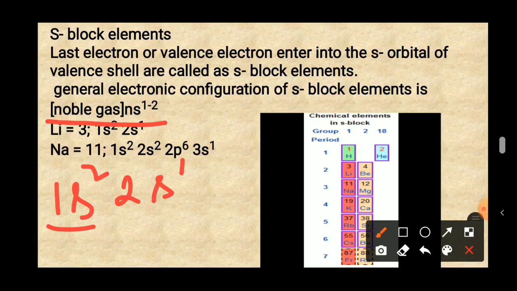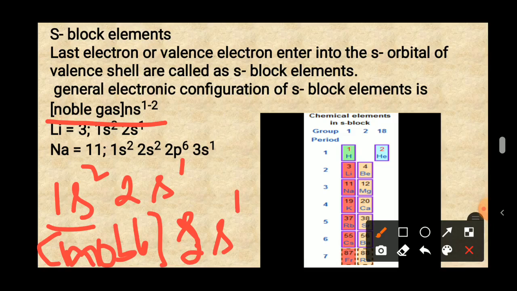Now 1s2 means 2 electrons are present. Helium contains 2 electrons, and helium is a noble gas. So based on that, it is written as noble gas 2s1, or I can write ns1 since it is group number 1.